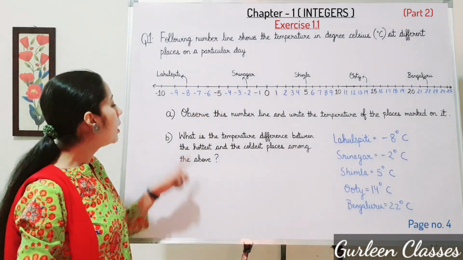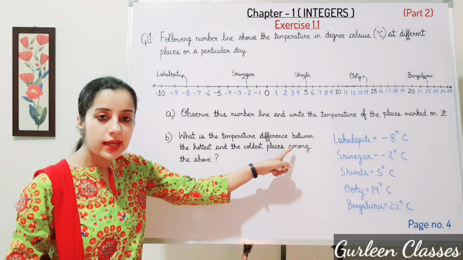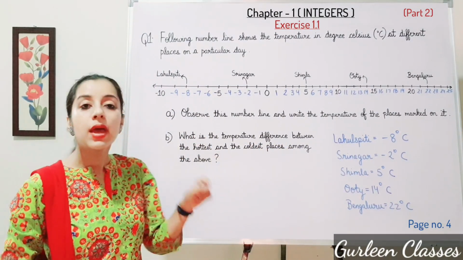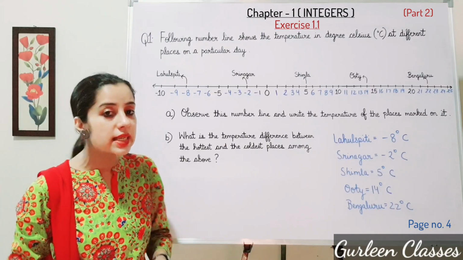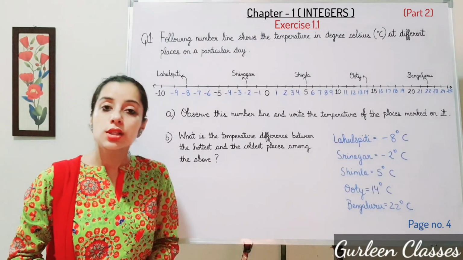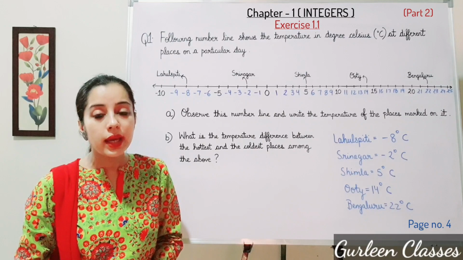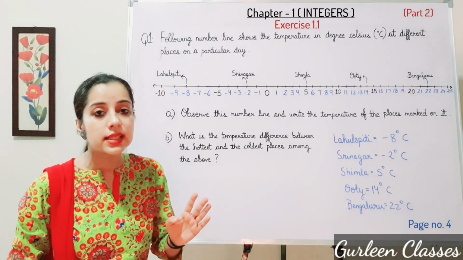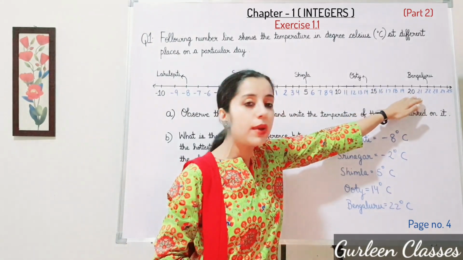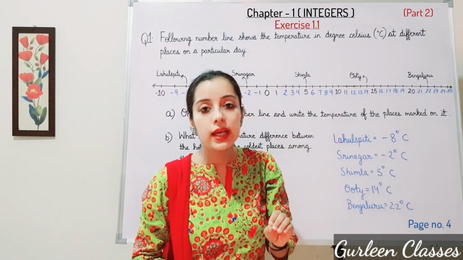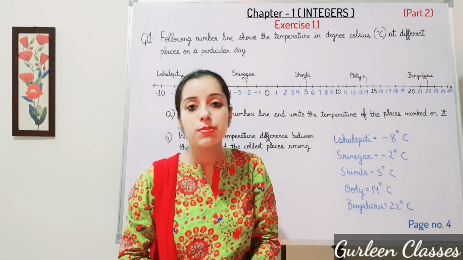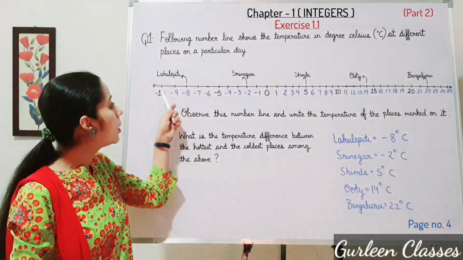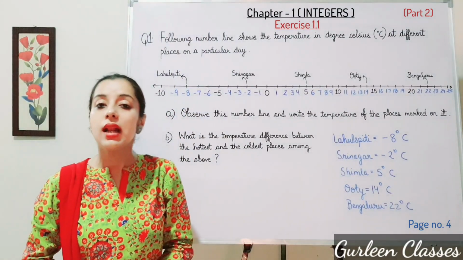Now B part, what is the temperature difference between the hottest and the coldest places among the above? So students, hottest place will be the temperature which is highest. So highest temperature is of Bangalore, that is 22 degrees Celsius. And coldest place will be temperature which is lowest, that is -8, Lahul Spiti.